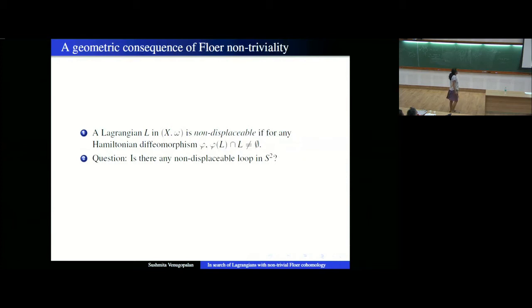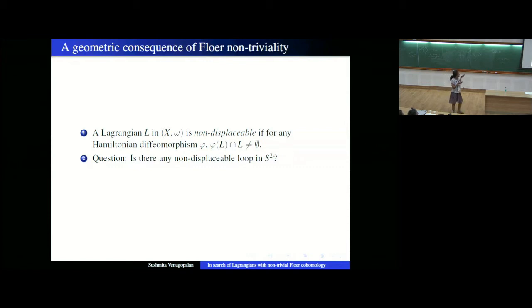Okay, so what does it mean geometrically? Can we see this Floer non-triviality in simple terms, other than its occurrence in Fukaya categories and mirror symmetry?